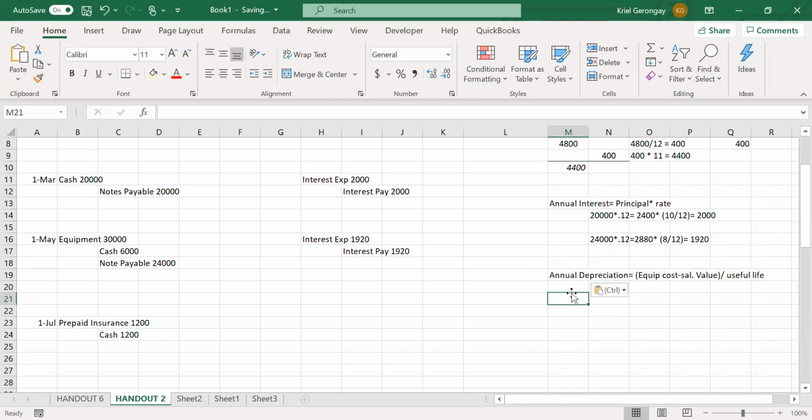So our equipment cost is 30,000 minus the salvage value of 3,000 divided by the 10 years useful life.